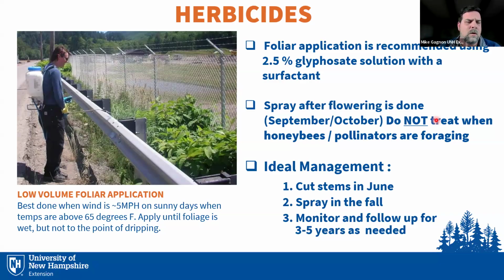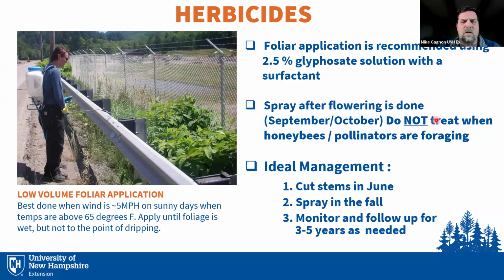So a real ideal management is to cut stems in, say, June. That can short circuit flowering for that year. It can reduce that biomass by an incredible amount, making it safer and easier to treat. It means we'll be using less herbicide to get our foliar coverage. So it's a good piece of an IPM.